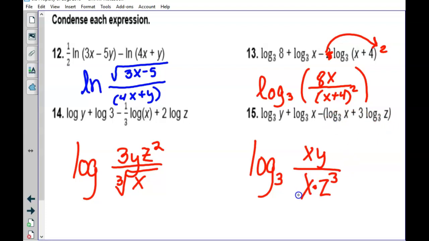Now, I don't know why they did that, because that simplifies, doesn't it? Log base 3 of y over z to the third. I would have given you a different letter, but I could certainly give you one like that. I would not have made it simplified just because it makes it confusing.